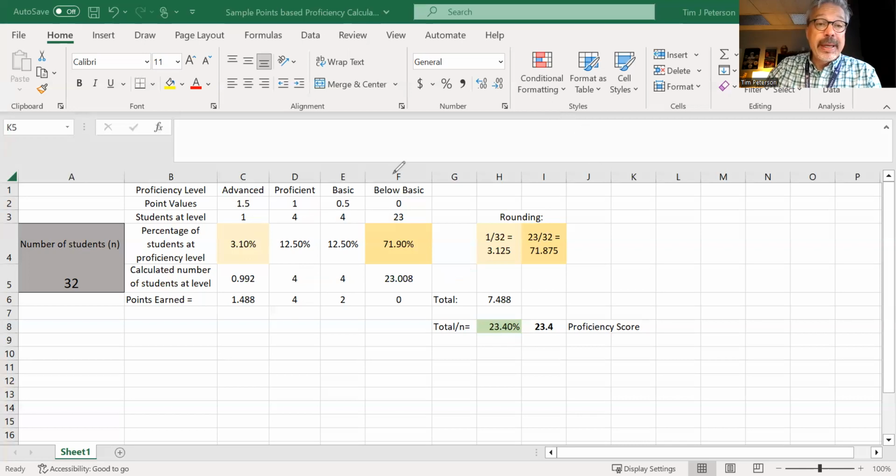That rounding piece will make a difference because now the total number of students actually calculated in this particular level is less than 1. It's 0.992. If you take this and turn it into a decimal, that's what you end up with.